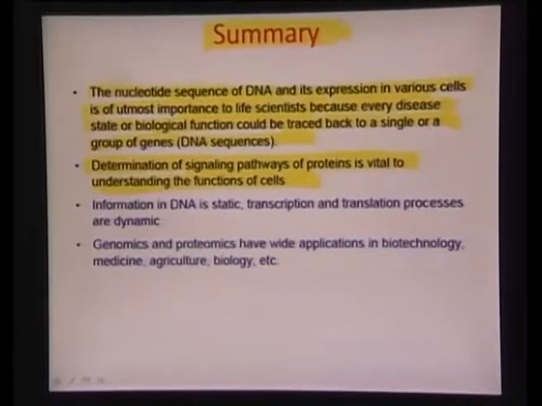So information in DNA is pretty static, and it does not change much with time except when there are mutations. However, the mRNA which is transcribed from the DNA is a continuously changing, continuously generating form of molecule.